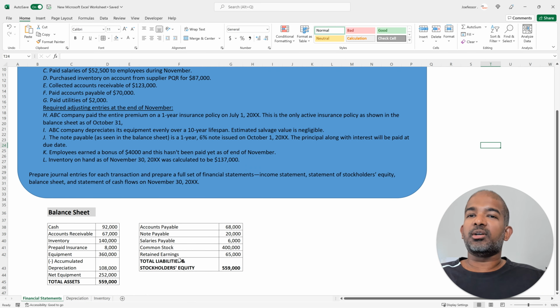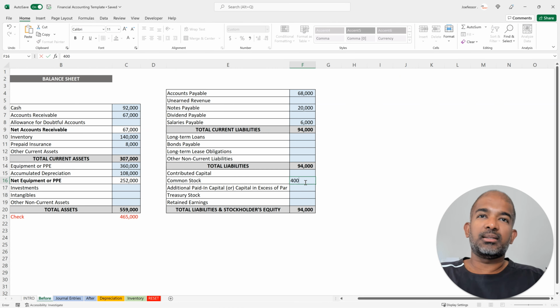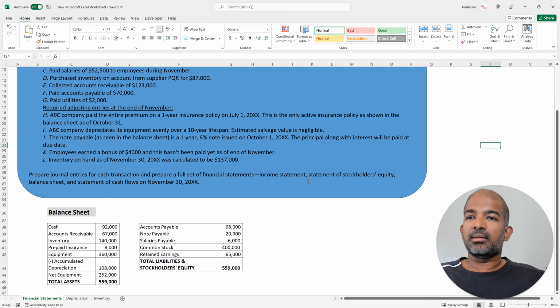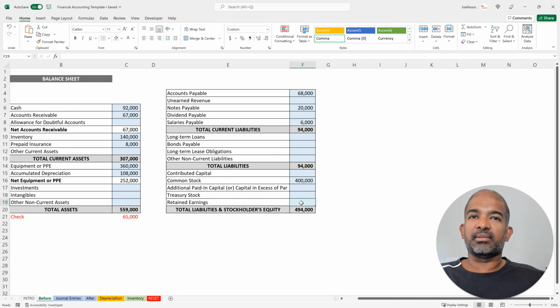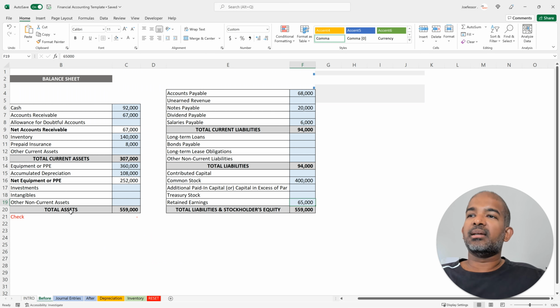Common stock of 400,000. Retained earnings of 65,000. You can see that I have noted down the entire balance sheet as of the end of October. Assets and liabilities and stockholders' equity, they match.